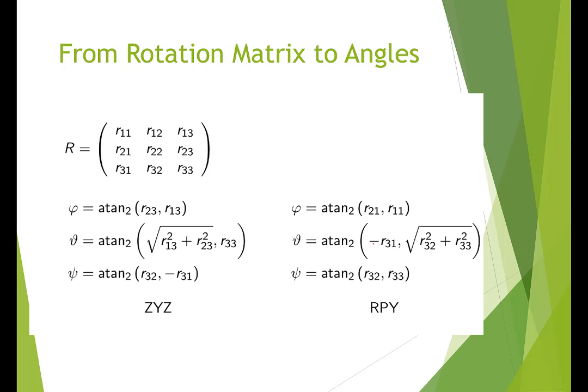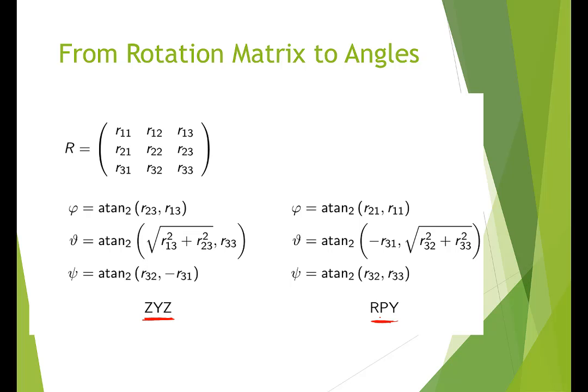Another question that comes to mind is, okay, we build the rotation matrix knowing the rotation angles, but how can we do the reverse? How can you find the rotation angles if you have the rotation matrix? This is how we do it. First, we got to know what is the guideline for developing that rotation matrix. If this is Euler angles, then we know it's ZYZ, or it could be roll pitch yaw, or something else.